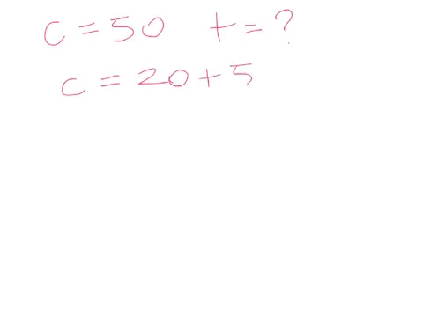Okay, so the question is, the cost is $50. What does T equal? How many hours did we use it for? So again, we substitute into our equation. C equals 20 plus 5T, and cost this time is 50.